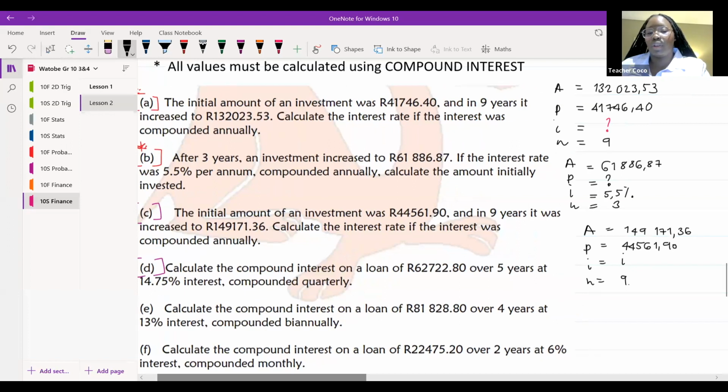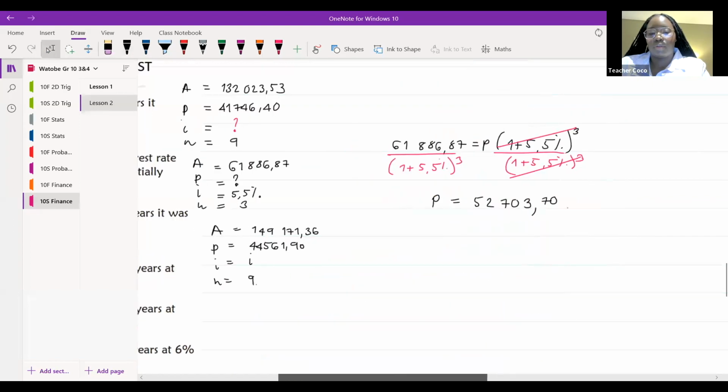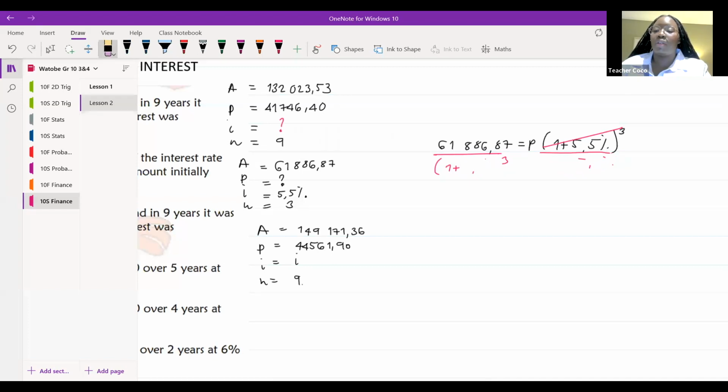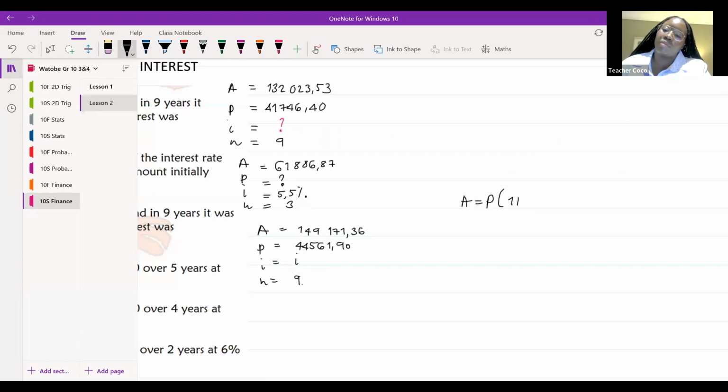Good. So what formula are we using? Compound. And then when you write it in a compound formula, it is 149,171.36 equals 44,561.90 bracket 1 plus I to the power of 9.